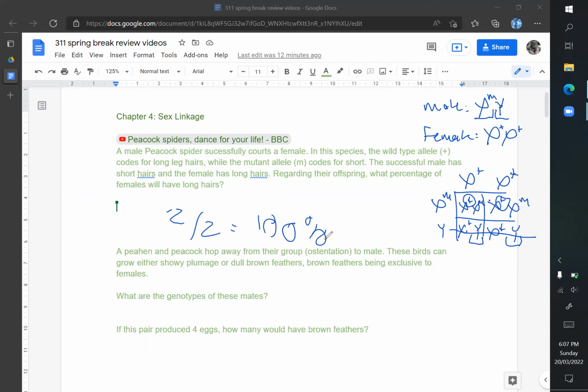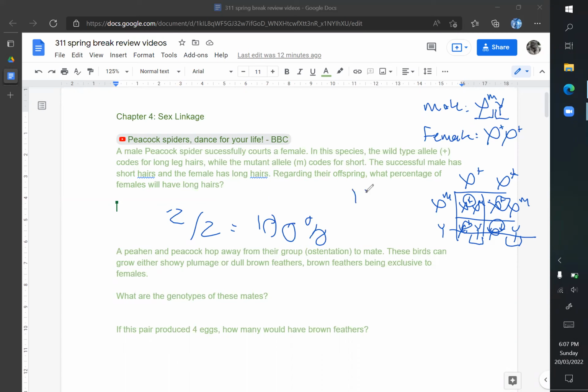Now, over the overall offspring, what percentage of them have long hair? In this case, because we're looking at all of them instead of just the female, we once again look for the X plus. And so we see that all of them have this dominant wild type that will overshadow any kind of mutant allele.